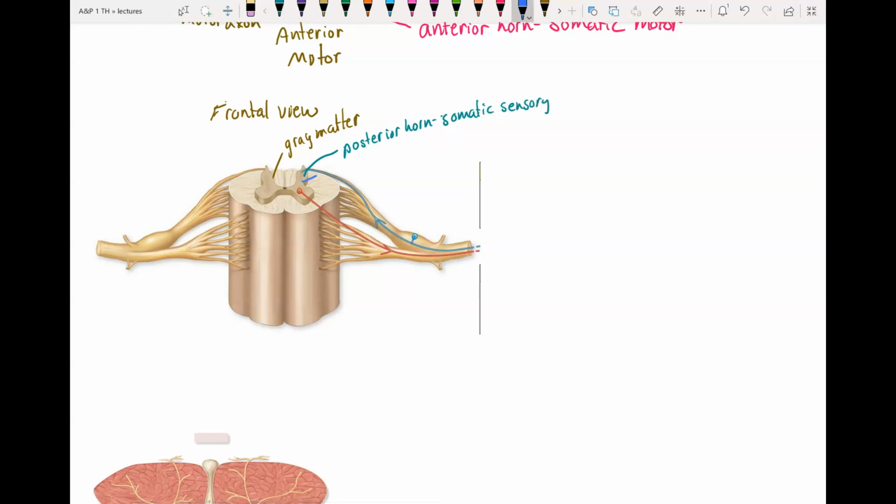Then right here would be posterior horn with visceral sensory. Then here is lateral horn with autonomic motor.